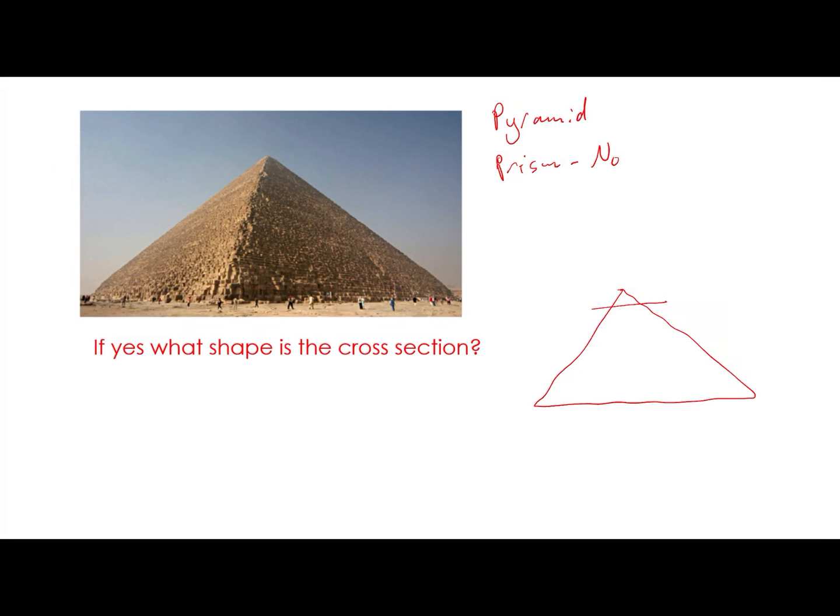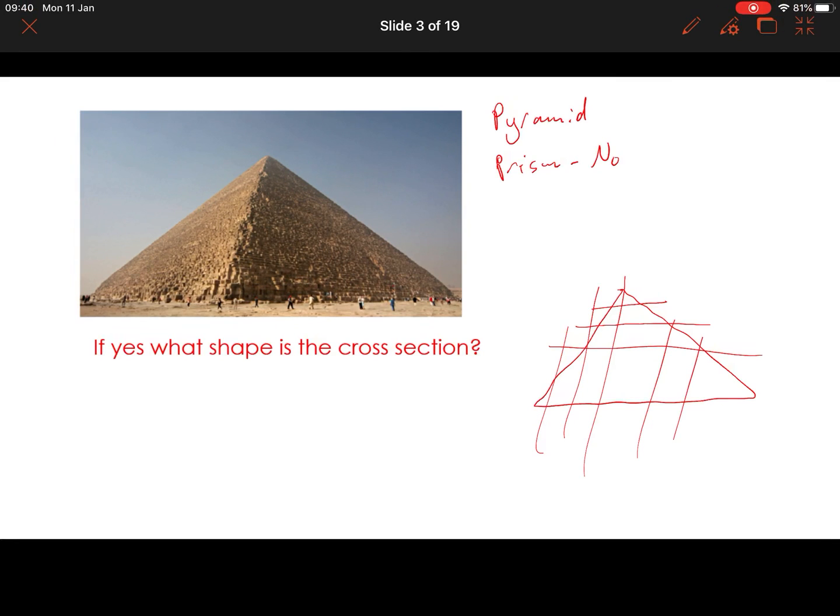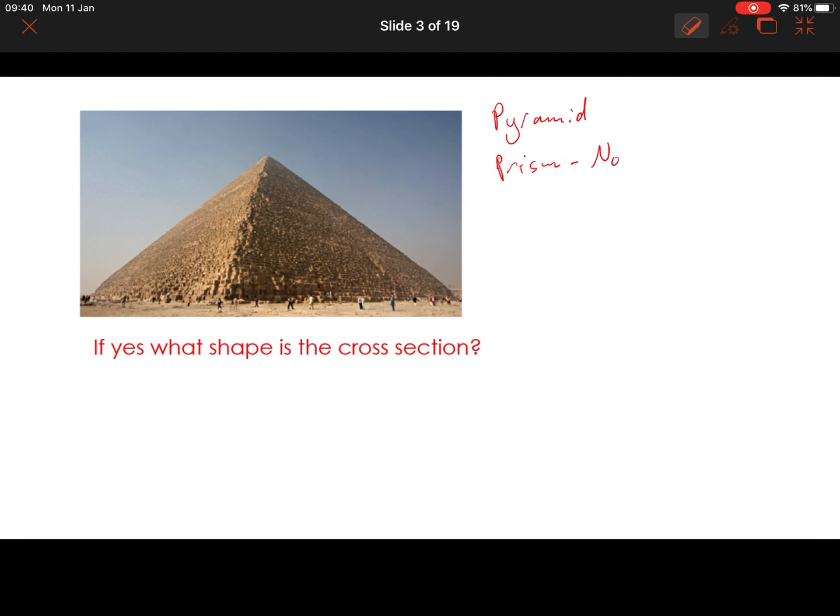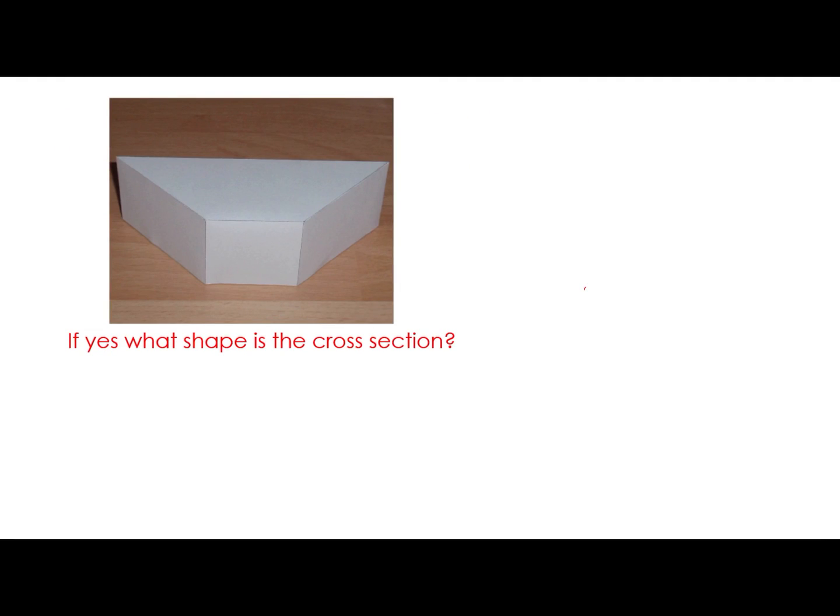If you cut here, you would see a square on the top. If you cut here, you would also see a square, but a bigger square, not exactly the same square. And if you cut from the sides, you get all manner of crazy shapes. So, not a prism. A pyramid is not a prism. Hopefully, it's making more sense what a prism is now.